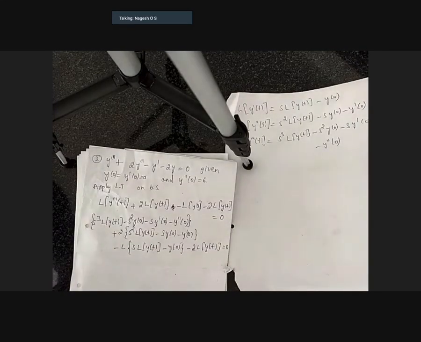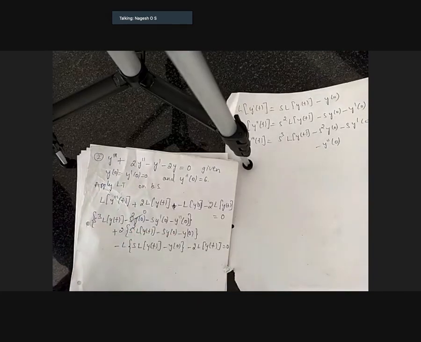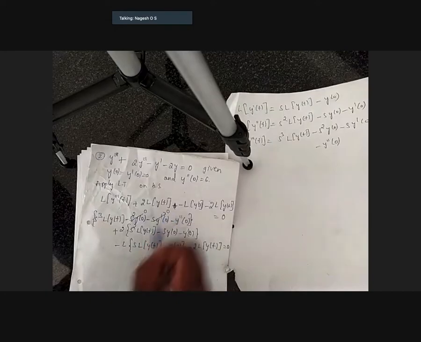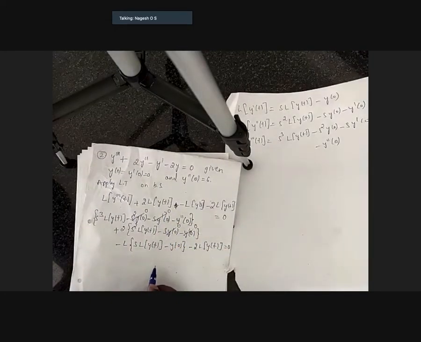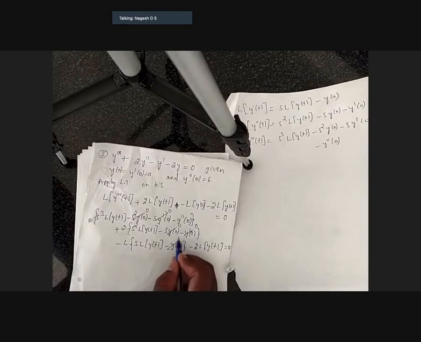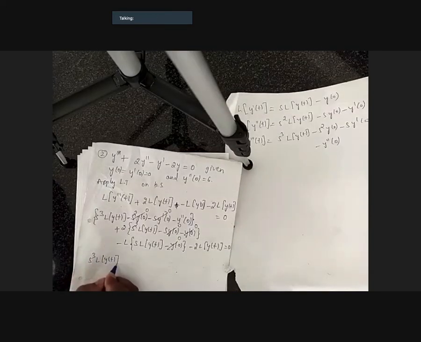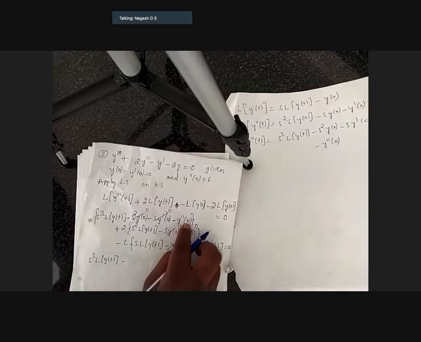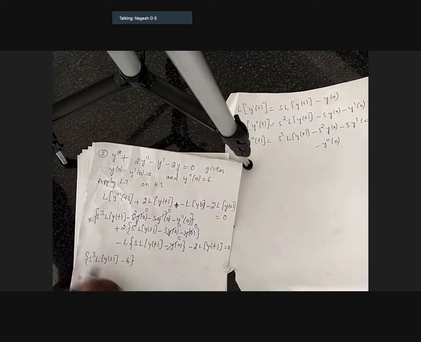Now apply the given data. Y of 0 is 0, y dash of 0 is 0. Write the remaining terms. S cube L of y of t minus y double dash of 0, which is 6. This is from the first term.